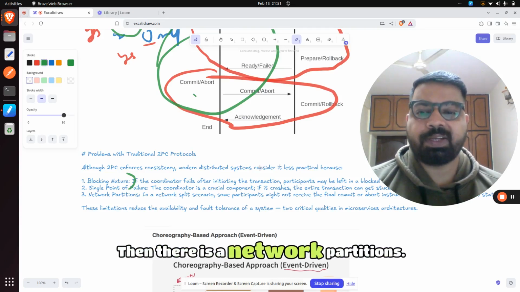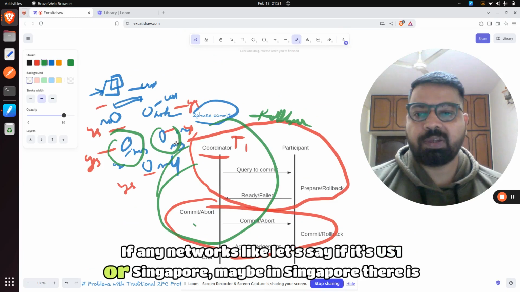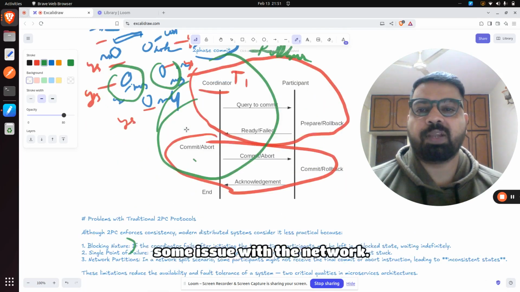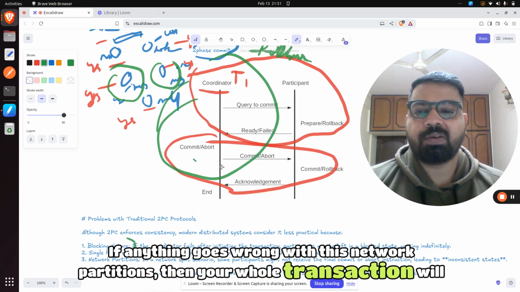Then there are network partitions. Let's say in Singapore there is some issue with the network. If anything goes wrong with the network partition, then your whole transaction will get stopped.